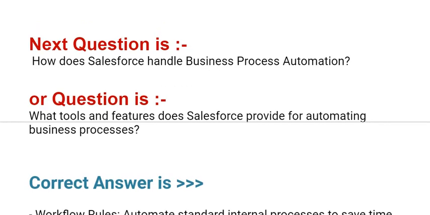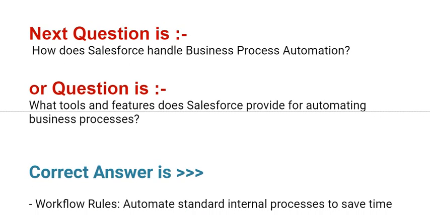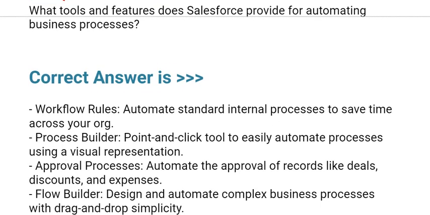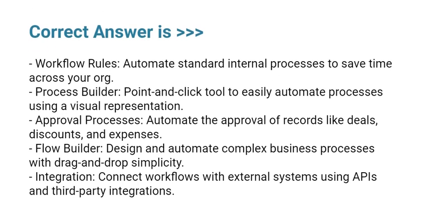Our next question is, how does Salesforce handle business process automation? Or the question is, what tools and features does Salesforce provide for automating business processes? Your answer should be, workflow rules. Automate standard internal processes to save time across your org. Process Builder.